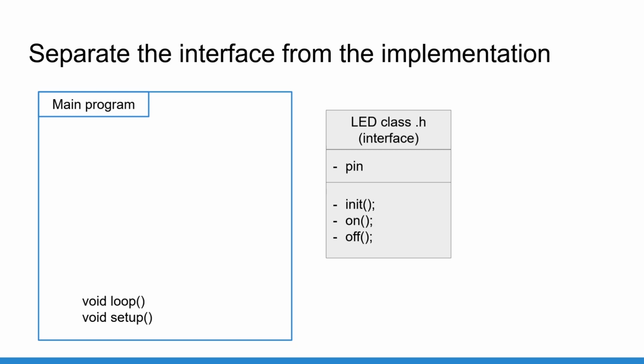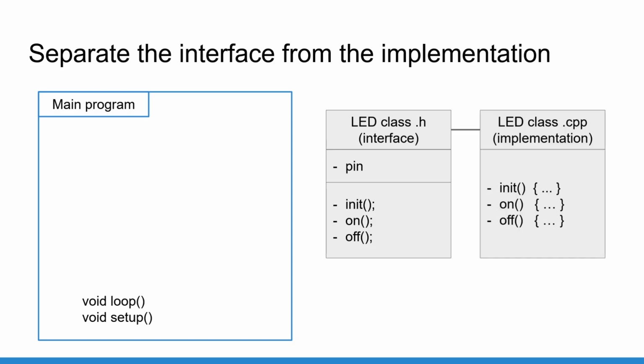So the header file will contain the attributes, so we declare the attributes, for example the pin, and it will also contain the declaration of all the methods we are going to use. Note here it's only the declaration, so basically the prototypes for the functions. And then we are going to create a .cpp file, which will contain the implementation.